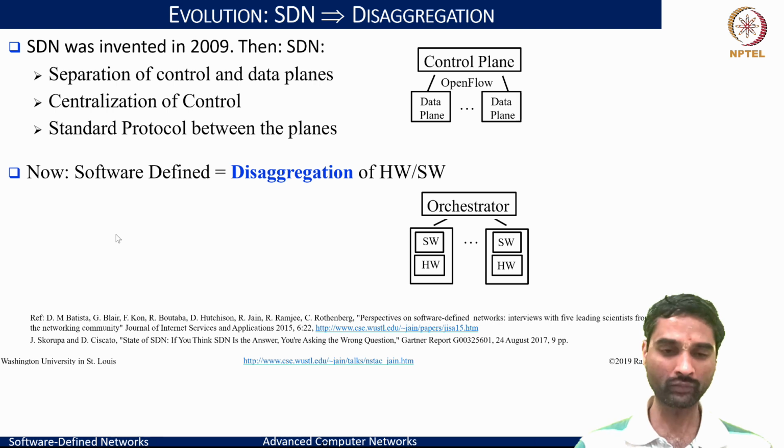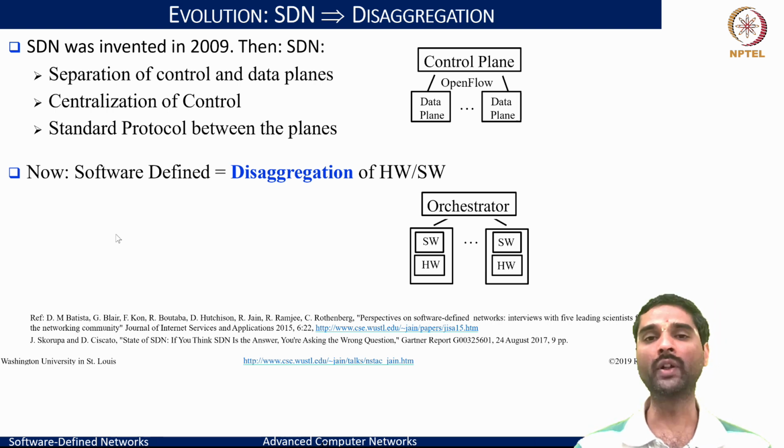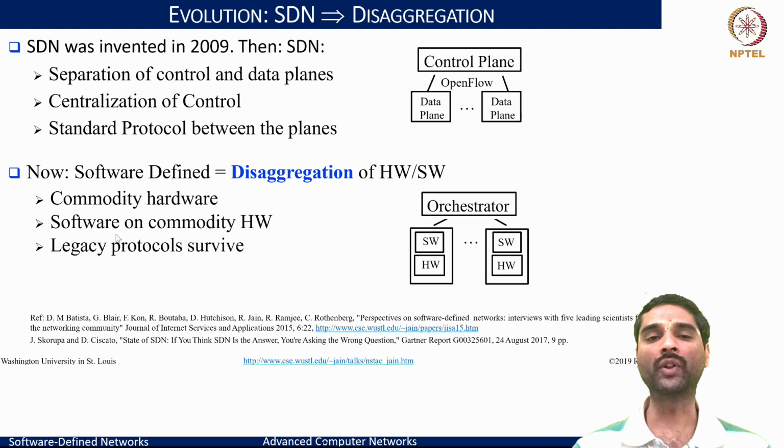Now, taking this a bit forward, we can disaggregate this into commodity hardware itself, just as how we use our PCs, which are commodity or off-the-shelf hardware. We could build these routers on top of our regular laptops or personal computers and make use of hardware and software to build them. And in a way, we can have full control over what hardware we use and what software layer we would want to push.